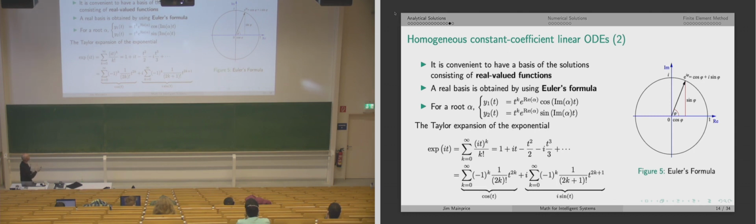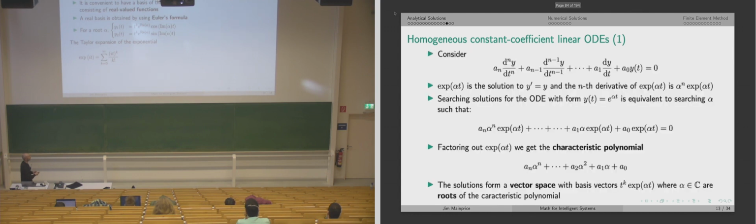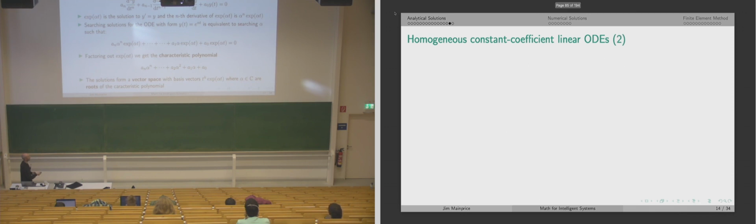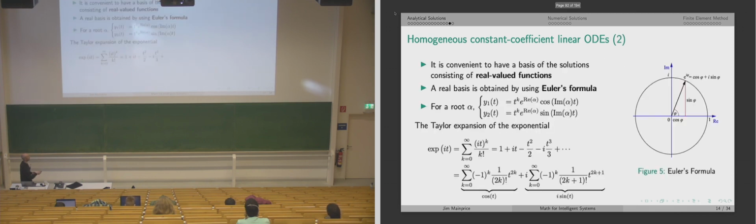So basically, when we have a solution that is exponential alpha t, with alpha a root of our characteristic polynomial, when we have basis vectors like that, where alpha is a complex number and t is a real number, we can use the Euler equation to basically split our solutions between a cosine and a sine one, and so the solutions will have this form.